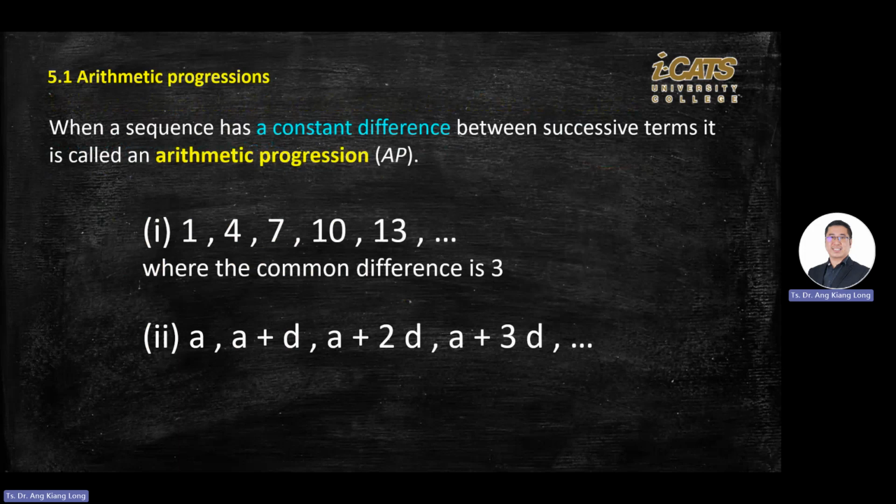If the question gives you this series 1, 4, 7, 10, 13 and asks you to identify this kind of data, you need to say this data is in the form of a, a plus d, a plus 2d, and so on. You can stop after 2d and then use three dots to represent that this is an arithmetic progression.